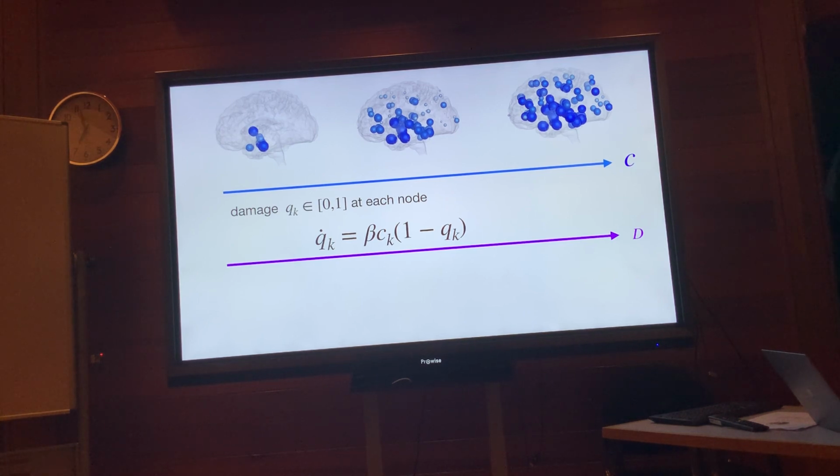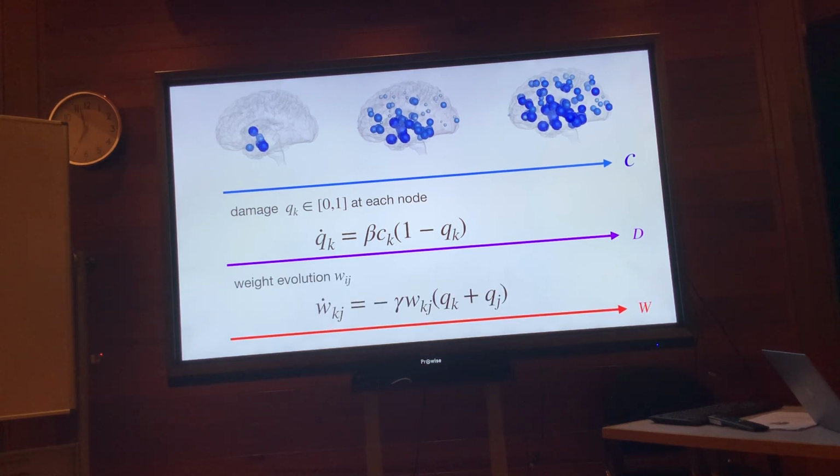It's not just the level that matters, but how long you've been exposed to the toxic agent. And once you do that, it's going to create damage at the nodes, and the axon bundle between the two is also going to be damaged. So the weight between two nodes is going to be reduced, reflecting the fact that it's going to lose some of the axon. So you have a reduction of the weight.